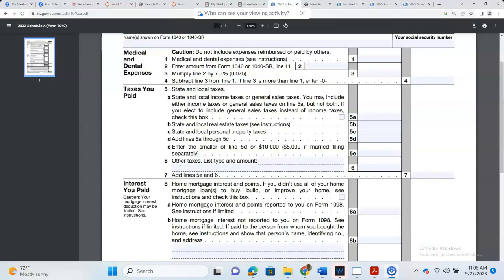It will be in here. It says other taxes. Yeah, it will be in here. That you put a vehicle registration fee or tax. You put it here as a line item. If you have 3, 4 vehicles, each you paid something, and it's tax deductible, you can add it in here.